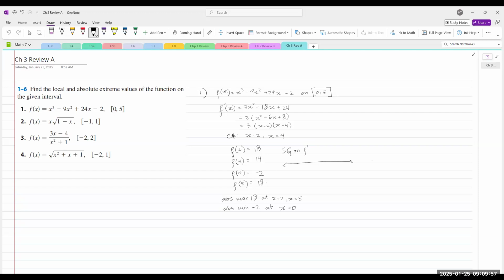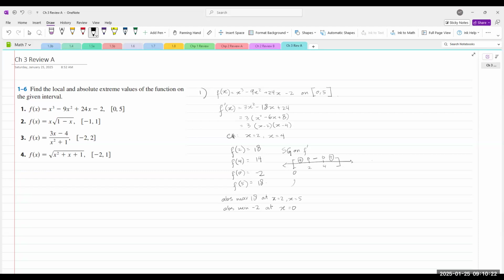So between 0 and 5, we have two critical values, that's 2 and 4, okay? And then the slope at 0 is positive. The slope greater than 4 is also positive. So this is negative.